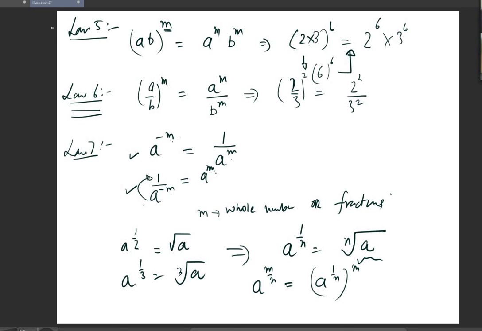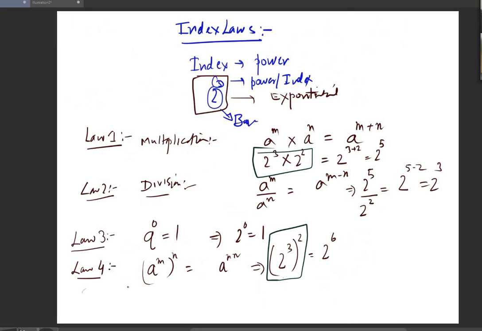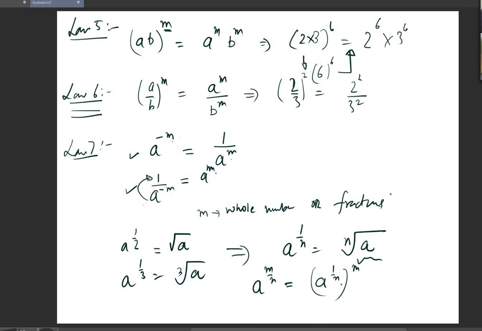Law 4 tells you that you can take one factor of the power inside and one factor outside. So I've applied law 4 here. And this being the nth root of a, the answer would be the nth root of a raised to the power of m.